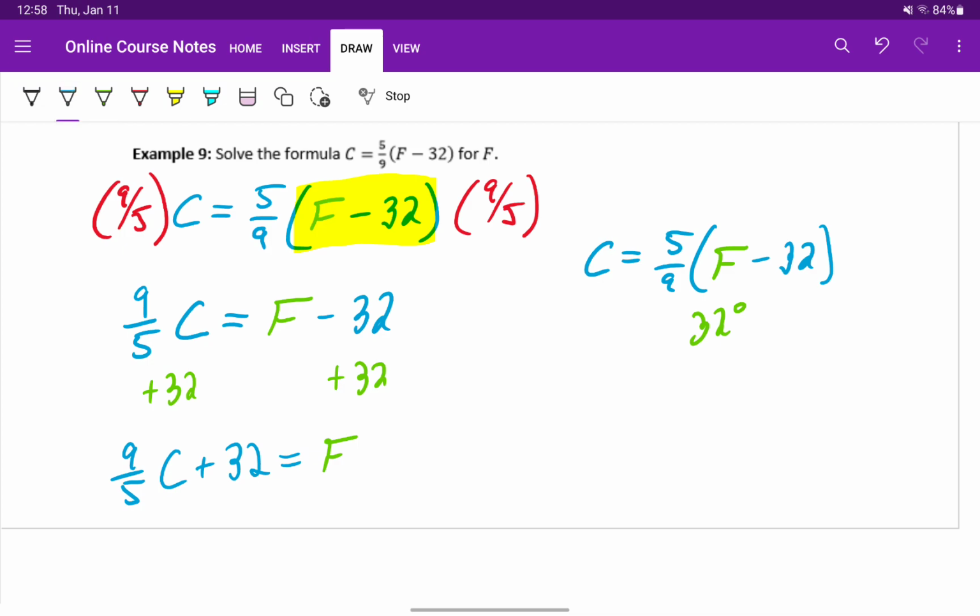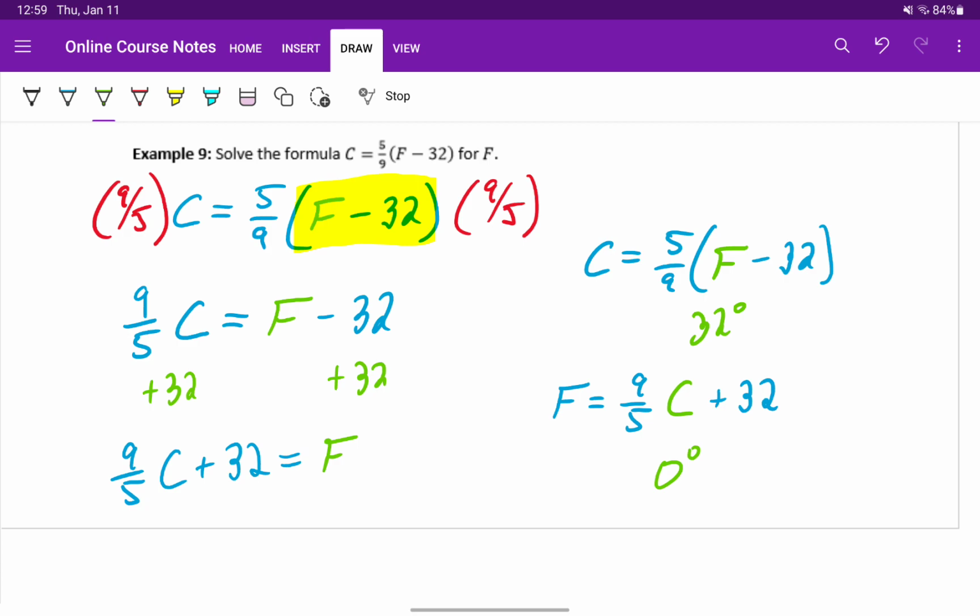Then what we've come up with, where we solved for f, gives us f equals 9/5 times c plus 32, which is now a formula for taking degrees Celsius, something like 0 degrees Celsius, and translating that into something in degrees Fahrenheit.